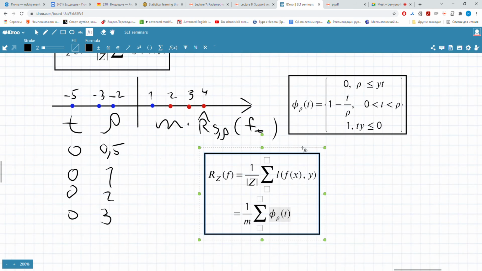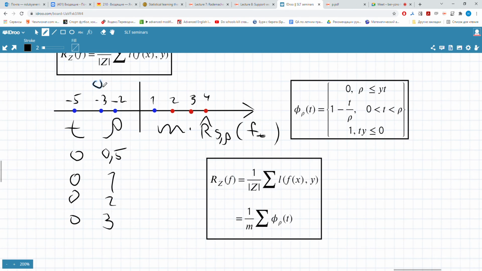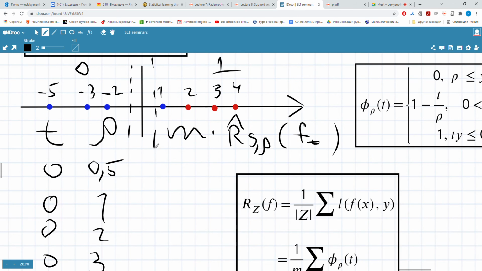What will our classifier give us for this element, for example? We can divide the whole set, in our case, with a classifier with t equal to 0. Here we classify using 0, here we classify using 1, and we have a margin of 0.5.